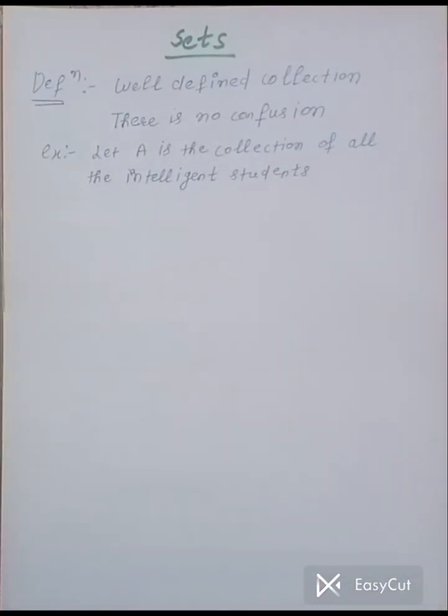So tell me if A is a set or not. I will wait for a while and then discuss. So someone of you will say that is a set, but it's not.